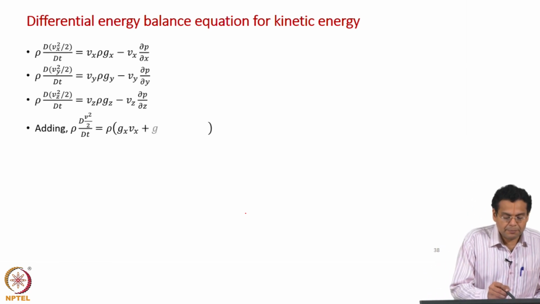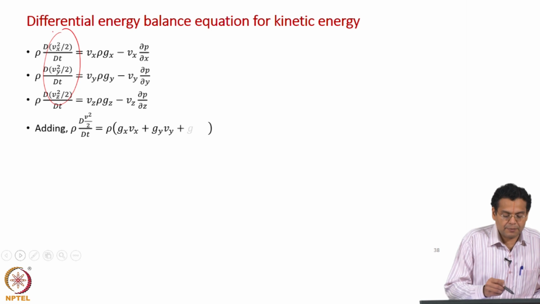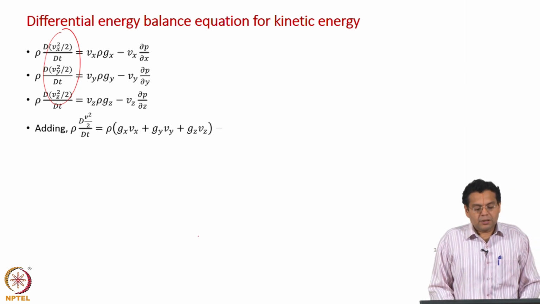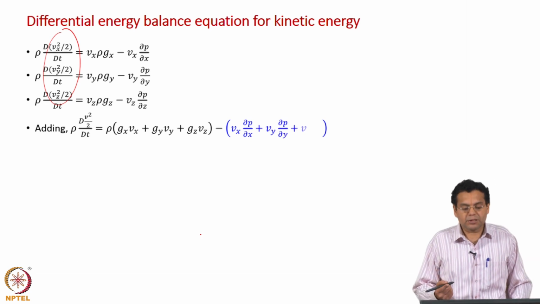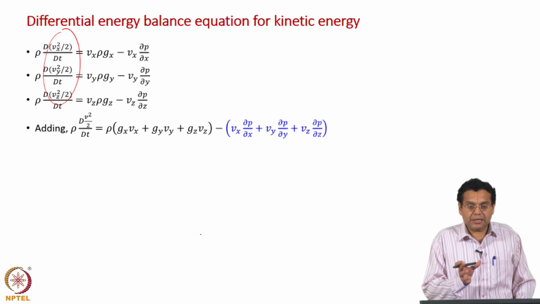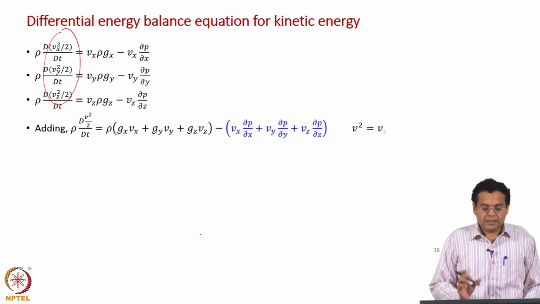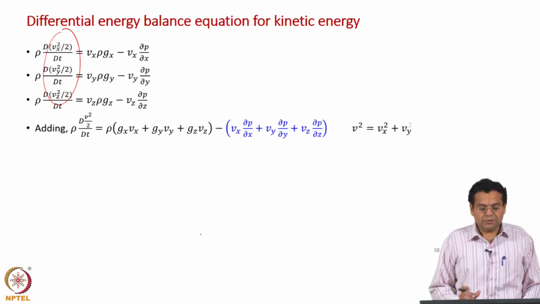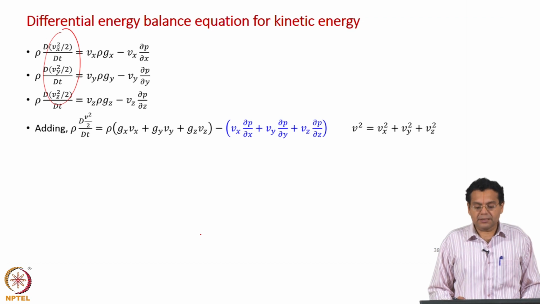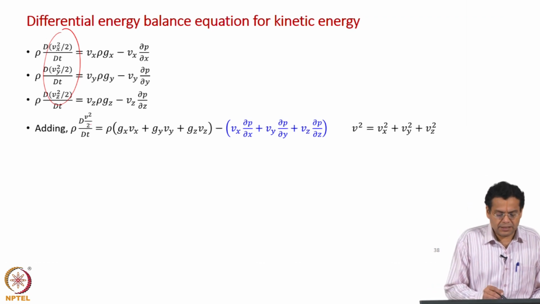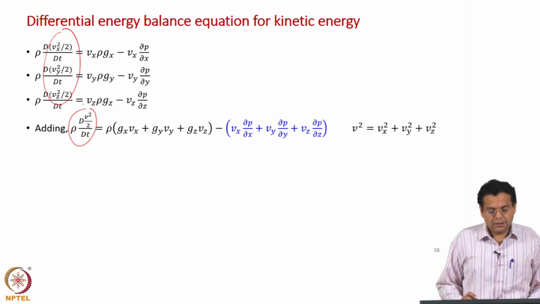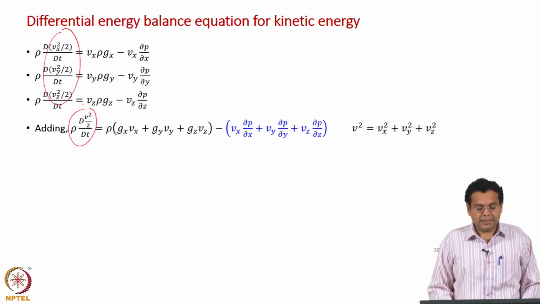So, if you sum, the left hand side becomes rho d by dt of V squared by 2. That is what our objective was. Our objective was to get a separate equation for the kinetic energy, and so we have now got a differential energy balance equation for kinetic energy, because the left hand side is rho d of V squared by 2 by dt.